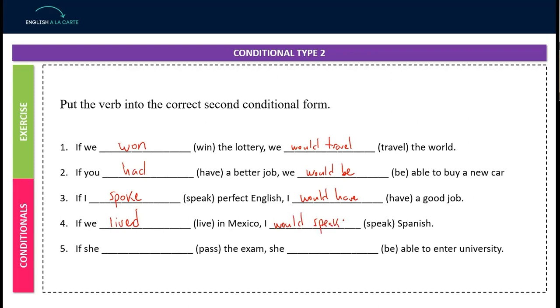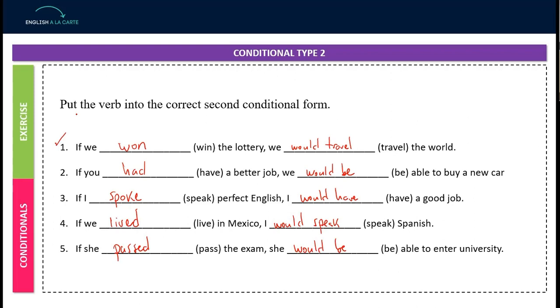Number five. If she passed the exam, she would be able to enter university. If she passed, very good. If she passed the exam, she would be able to enter the university.